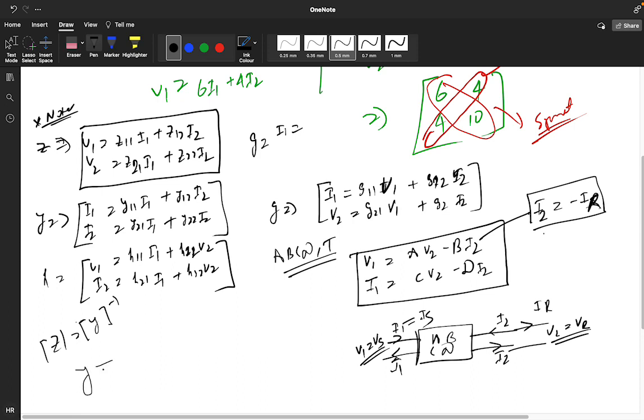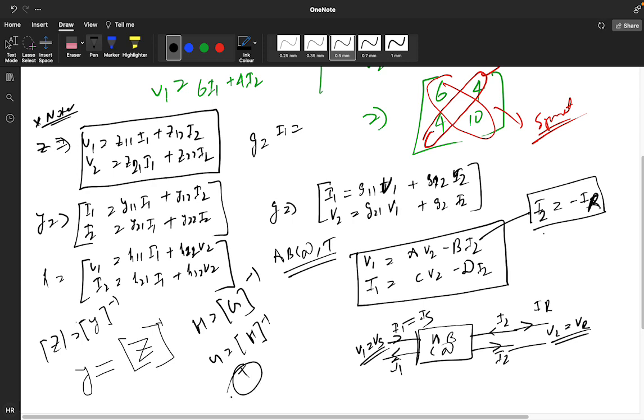Y is nothing but your Z parameter inverse. Same thing is applicable for H and G. H is the inverse of the G parameter and G is the inverse of the H parameter, right? And ABCD is the common one, called the transmission line parameter. So up to here it is clear.